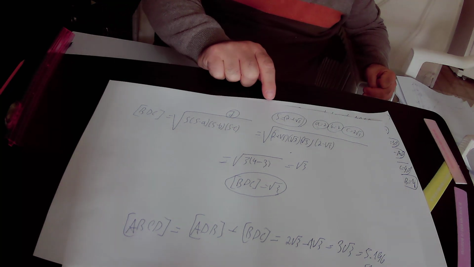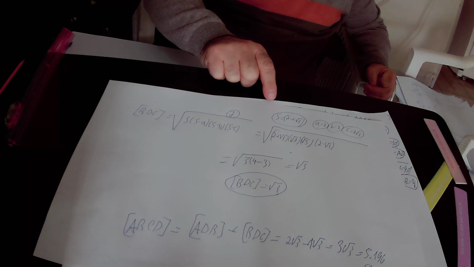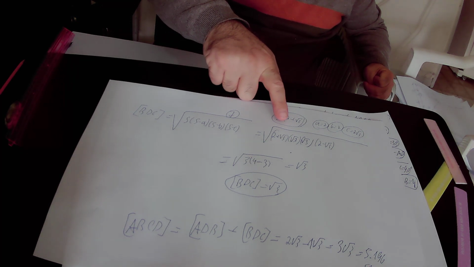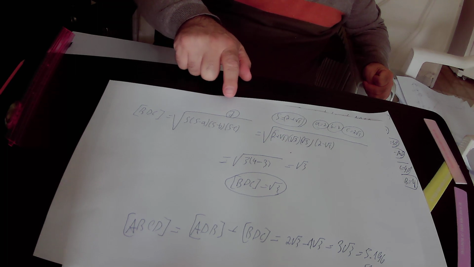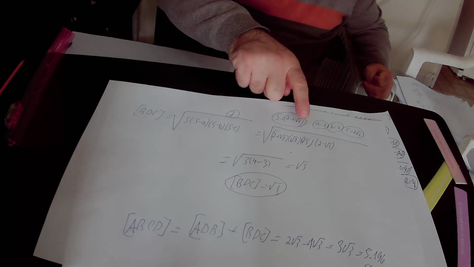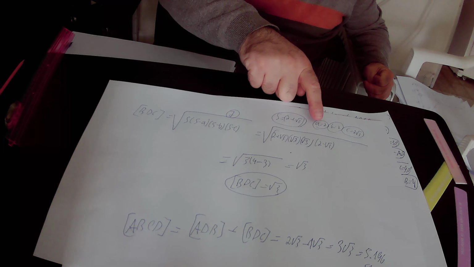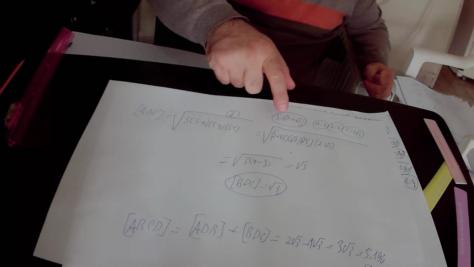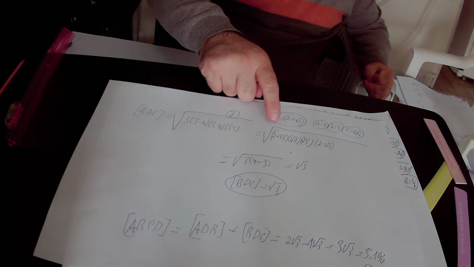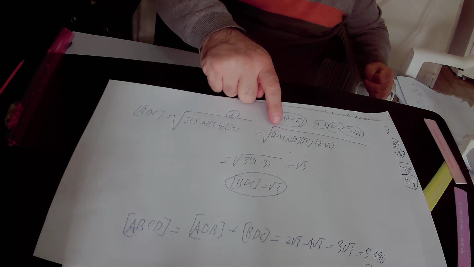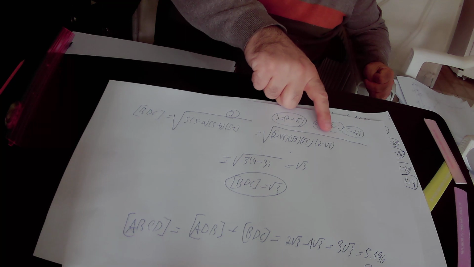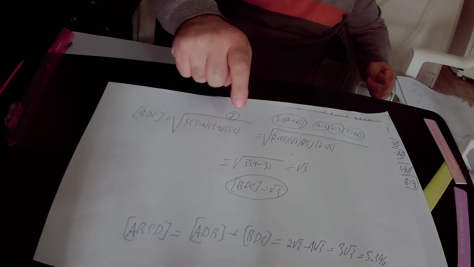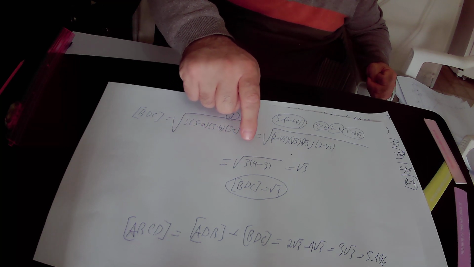S is 2 plus square root of 3. S minus A is square root of 3, S minus B is square root of 3, and S minus C is 2 minus square root of 3. Square root of 3 times square root of 3 is 3. 2 plus square root of 3 times 2 minus square root of 3 is 4 minus 3. 4 minus 3 is 1. So 1 times 3 is 3.